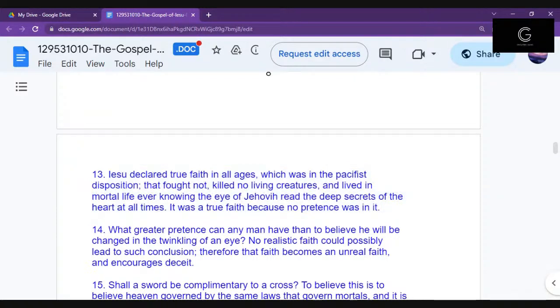Did the Jews fight? Yep. Did the Hebrews fight? Yep. Did the Israelites fight? Nope. Kill no living creatures. Did the Jews kill? Yup. Did the Leviticans kill stuff? Yup. Did the Hebrews kill creatures?